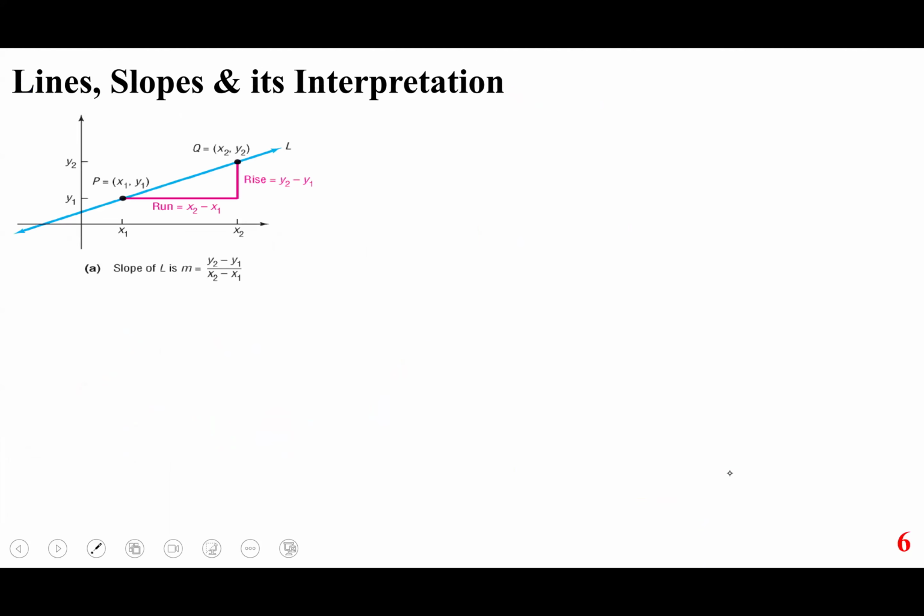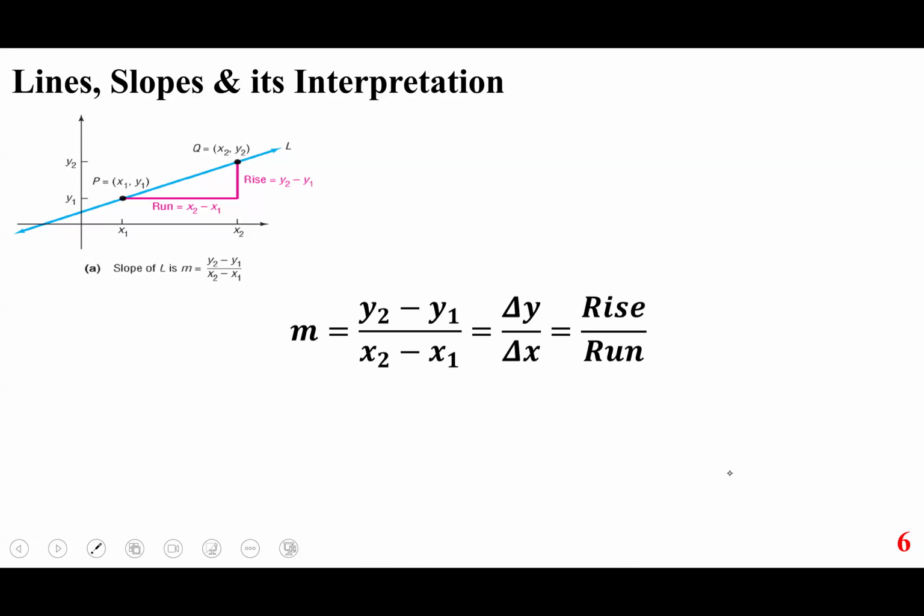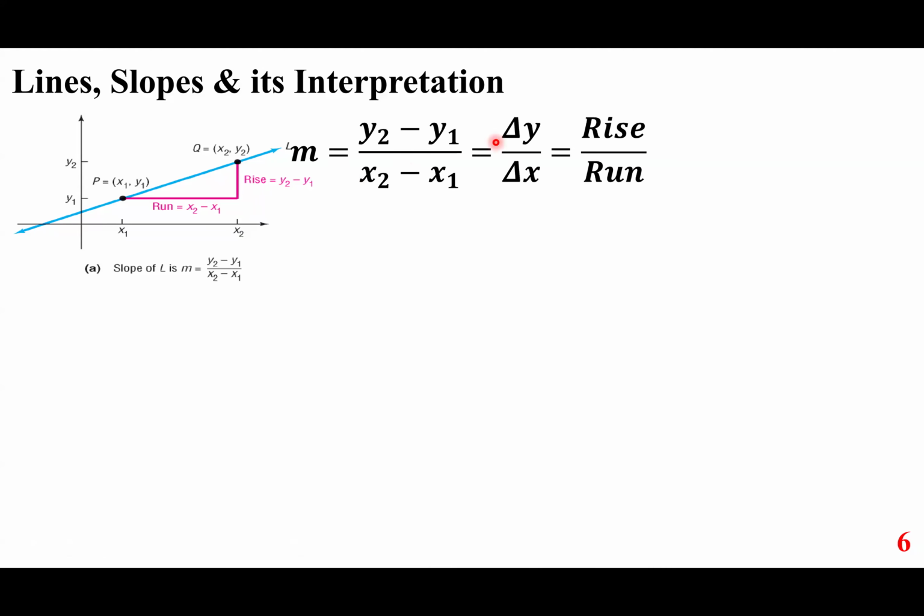Lines, slopes, and their interpretation. So slope, m, is defined as rise over run: y sub 2 minus y sub 1 over x sub 2 minus x sub 1, or delta y over delta x. Okay, rise over run, change in y over change in x.